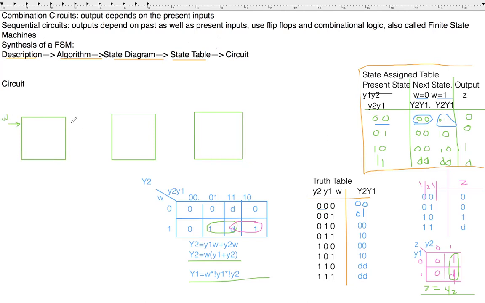What happens in here goes to here, and what happens in here goes to here. Then we remember the output connected back to the input, and it's not Mealy, so the input doesn't connect to the output. Okay, that's what I recall.